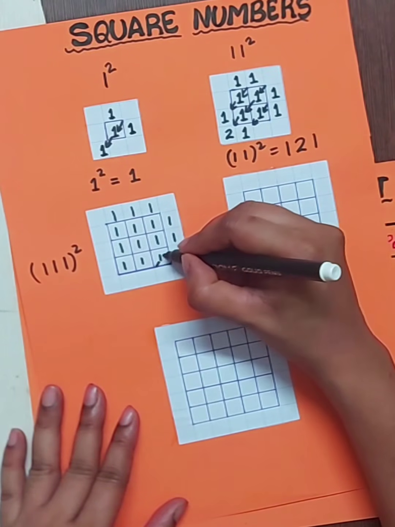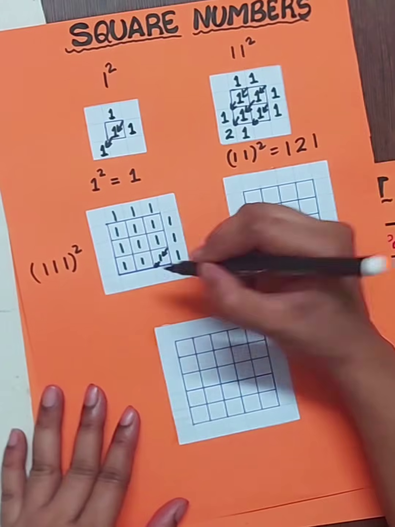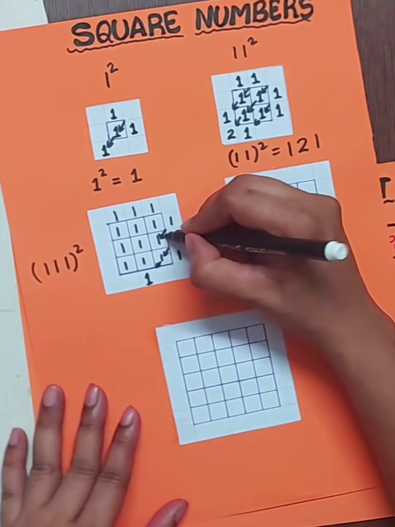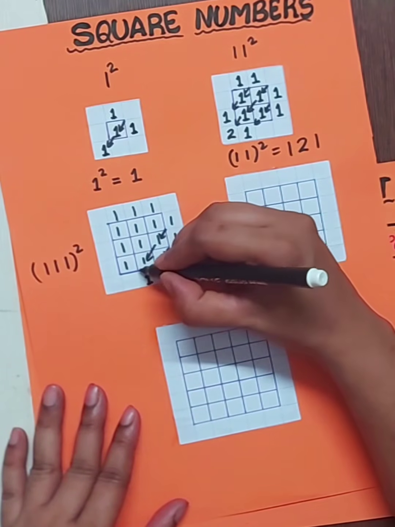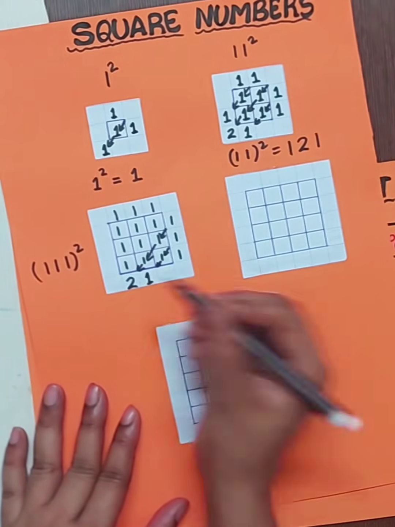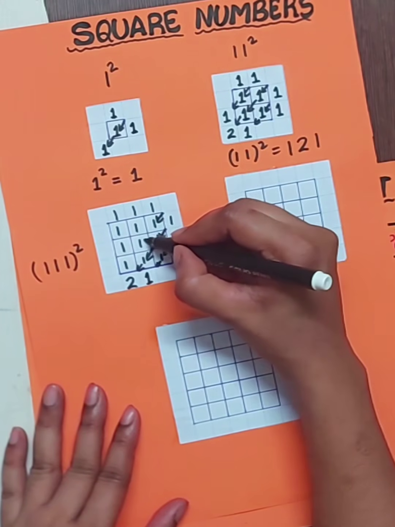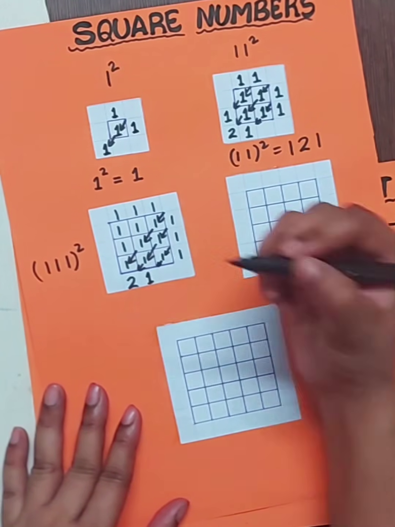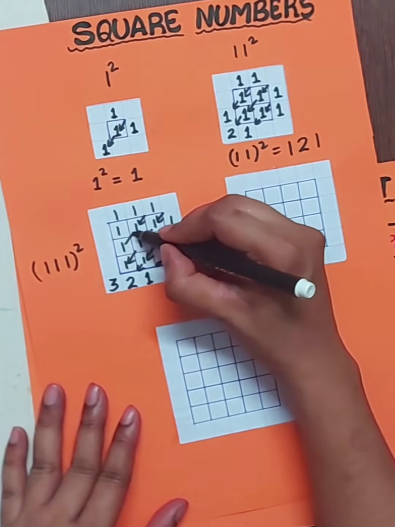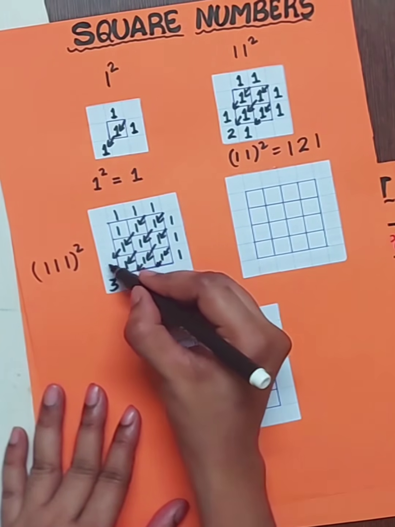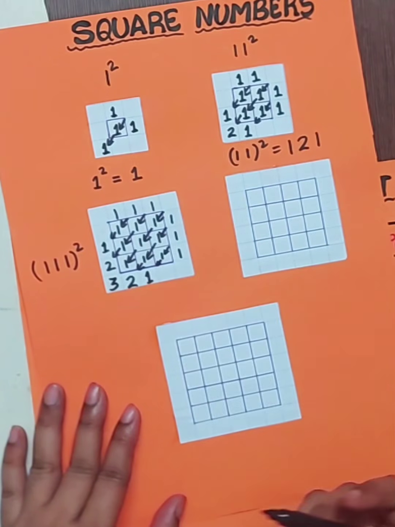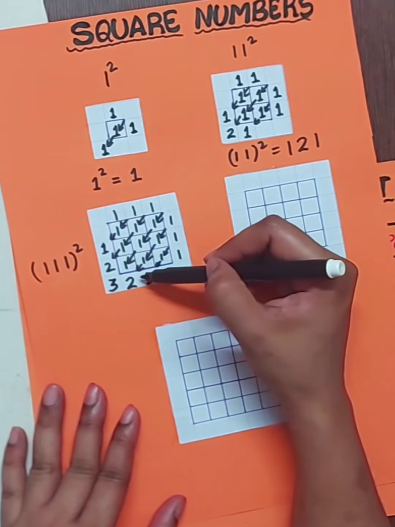In this diagonal, we have only 1, so we'll write 1 here. Now we'll start drawing the arrow diagonally. So we'll get 1 plus 1, it is 2. Now 1 plus 1 plus 1 will get 3. Write 3. Now 1 plus 1, it is 2, and here it is only 1. This time our number is 1, 2, 3, 2, 1.